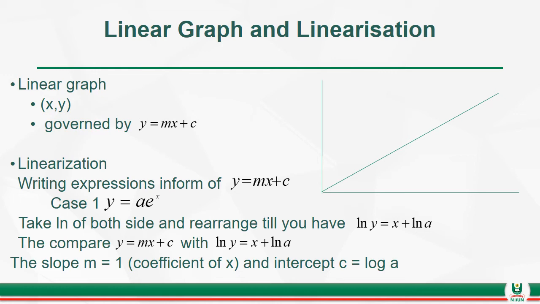We can consider a mathematical expression and look at the relationship between two variables in terms of the linear equation y equals mx plus c. Therefore, we plot the linear relationship between the two variables in a linear graph or a straight line graph.